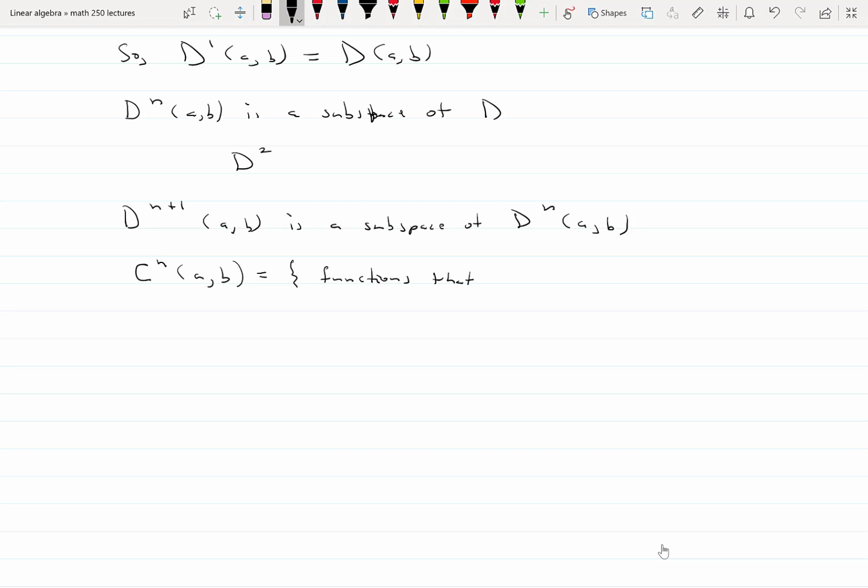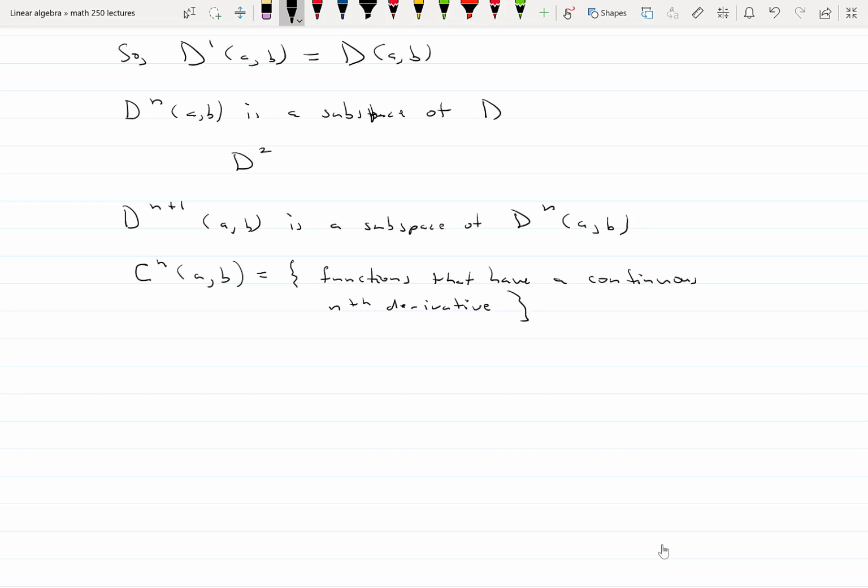Very restrictive: not only does it have to have a derivative, it has to be a continuous nth derivative.